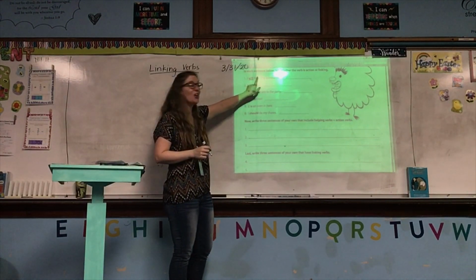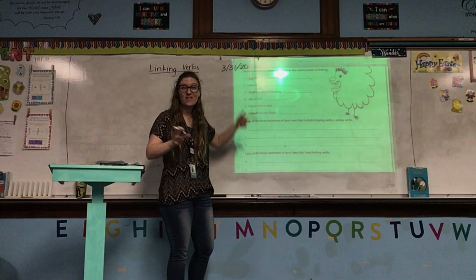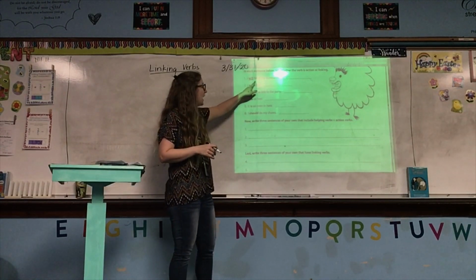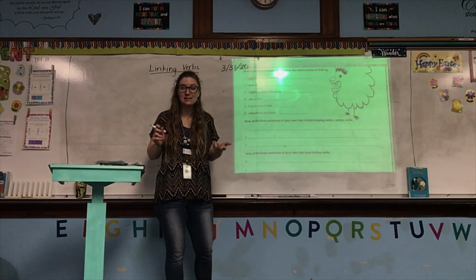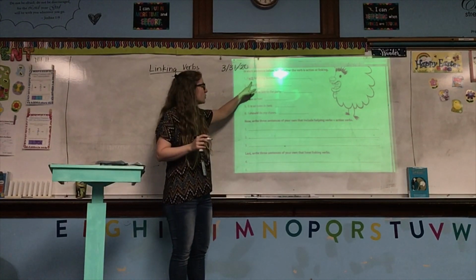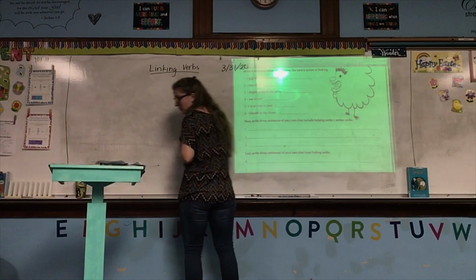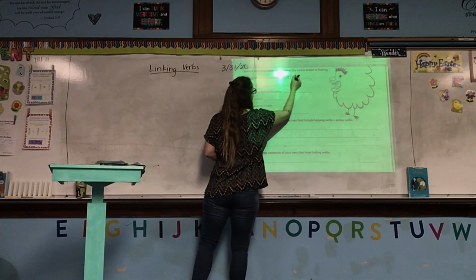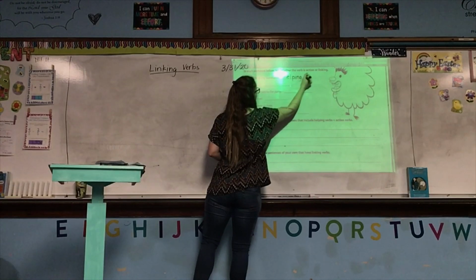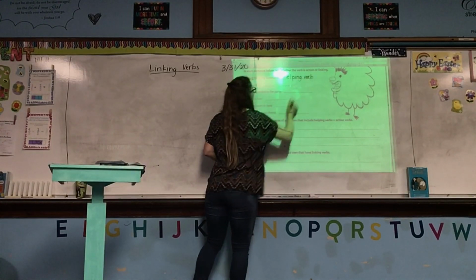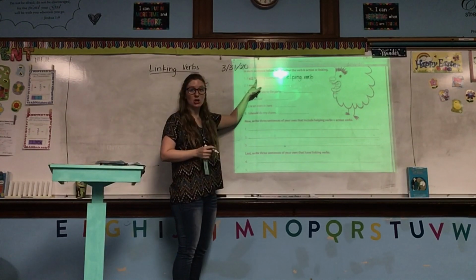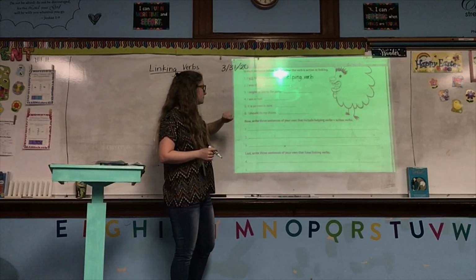I have the word finish. Well, finish is an action verb. It's something you do. You can say, I finish my homework, and it makes sense. So that means will is being used as a helping verb, because it's telling us that you will finish your homework in the future.